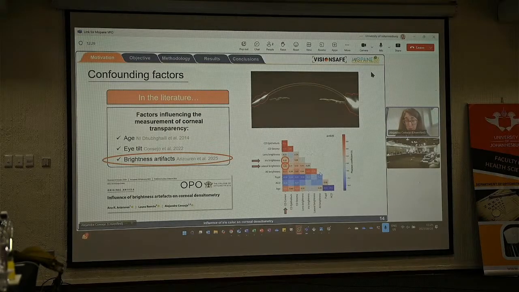This graph comes from these publications, and we saw that corneal densitometry in the cornea, as we know, was correlated with age, but we also found a big correlation with both this lateral brightness and with the color of the iris. So we know that spurious brightness is altering how we see the corneal tissue.